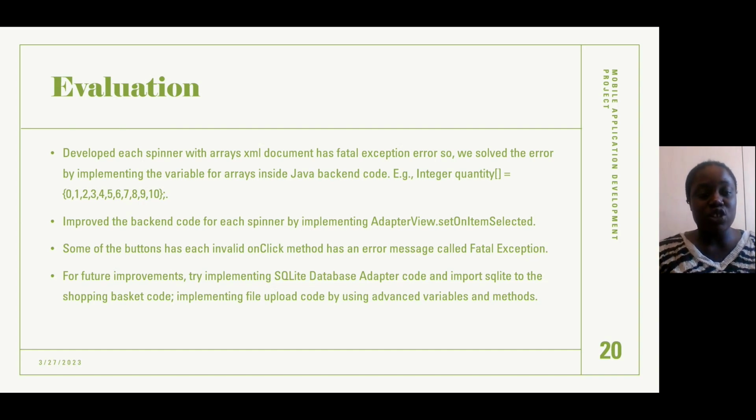A second evaluation is that some of the buttons had invalid on-click methods, as shown in a fatal exception error message. So we improved the buttons within the intent methods that allow the user to navigate to the next activity.